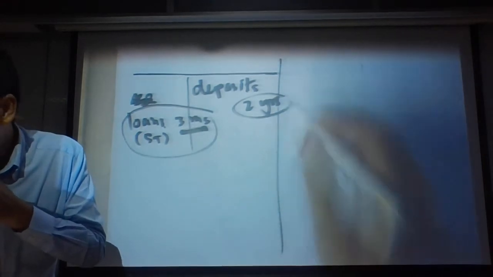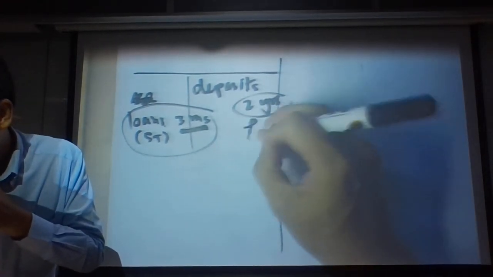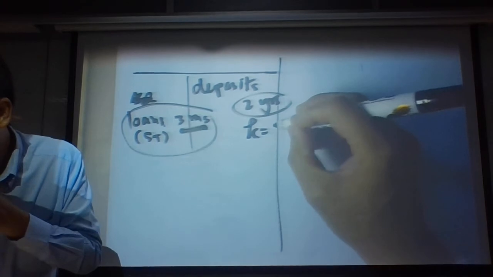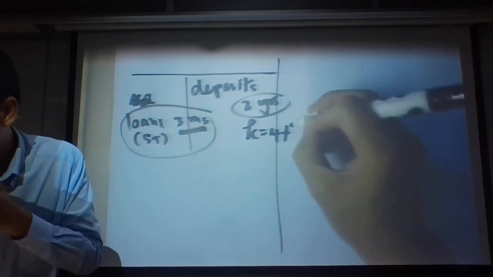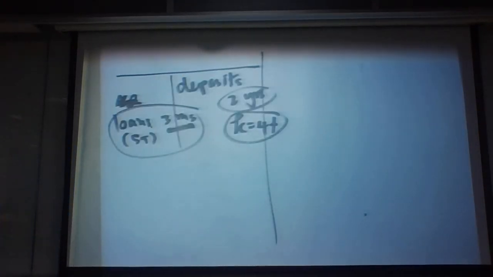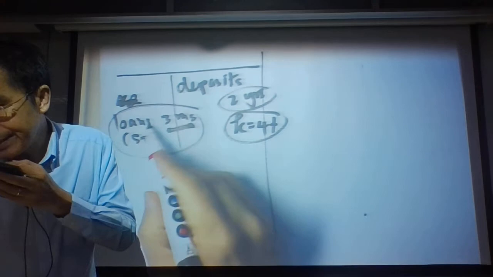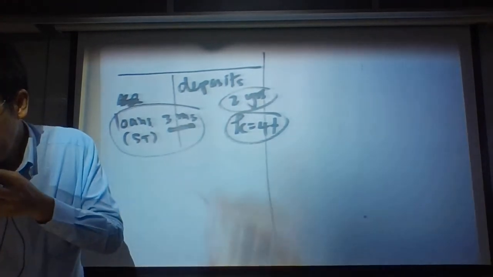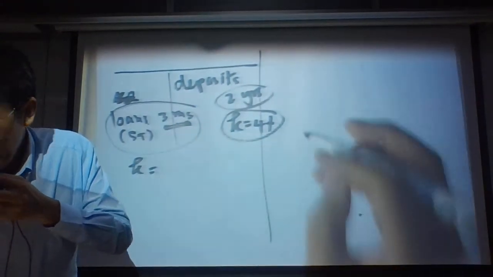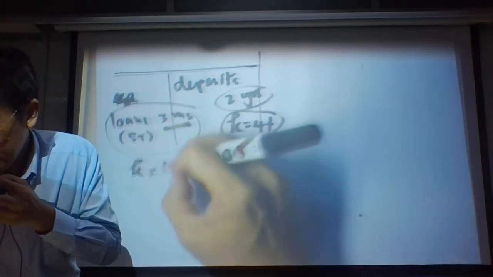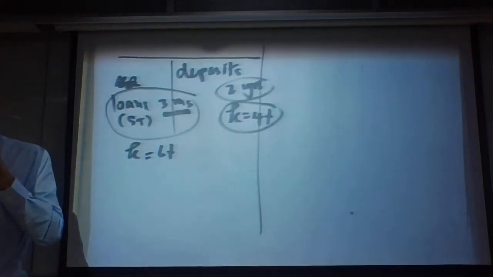If the interest rate is fixed, let's say on this side, this is equal to 4%. It is fixed for 2 years, 4%. However, when the bank lends a loan for 3 months, the interest rate here may be equal to, let's say, 6%.